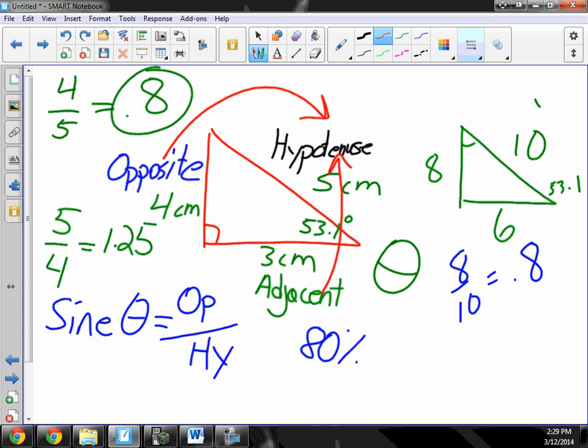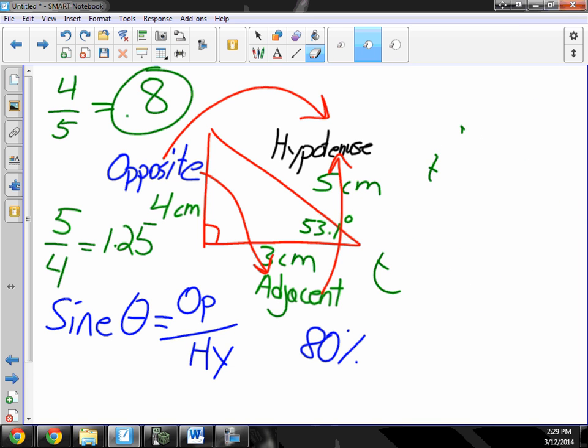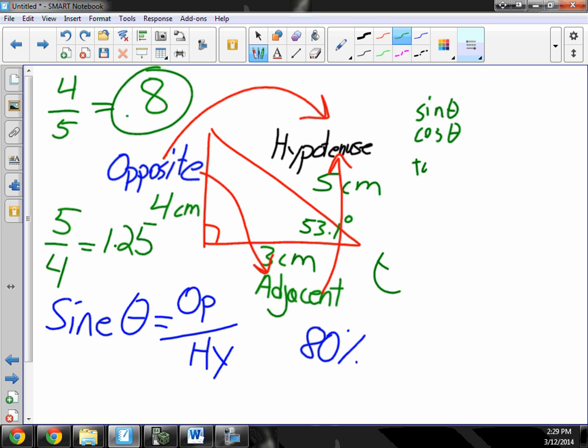Tangent is opposite over adjacent. Are there any others? Well, inverse is different. So we have sine of theta, cosine of theta, tangent of theta. And that's O over H, A over H, and O over A.